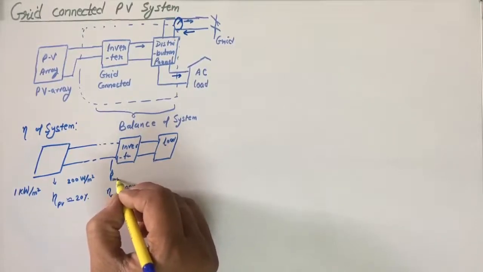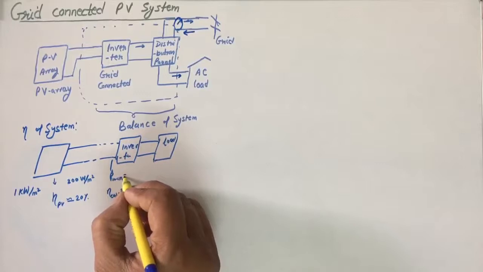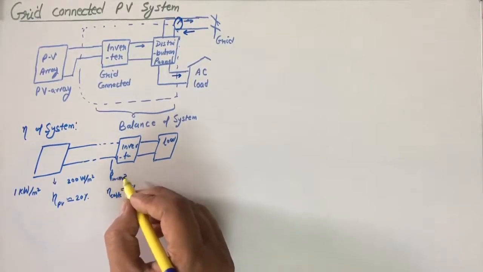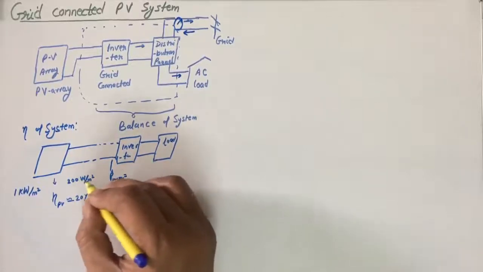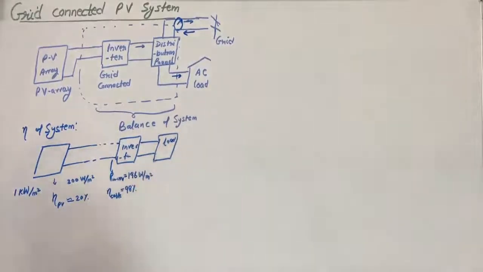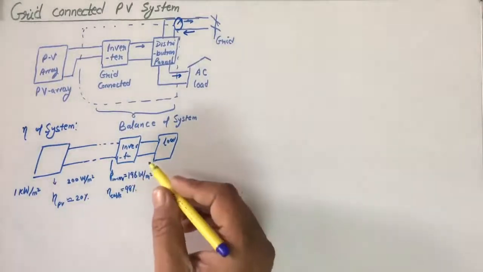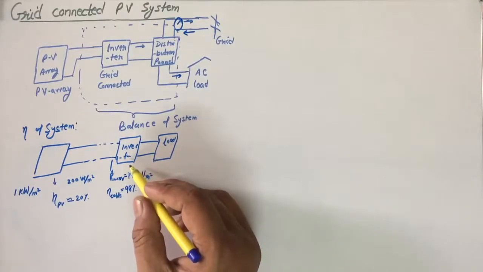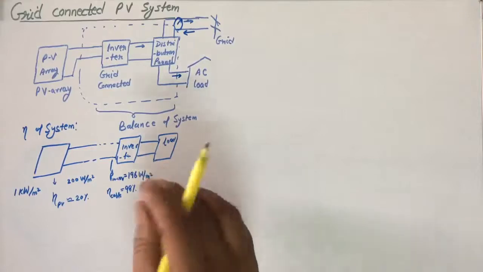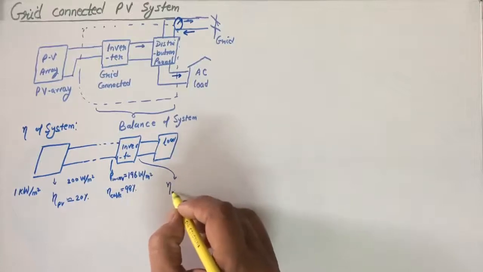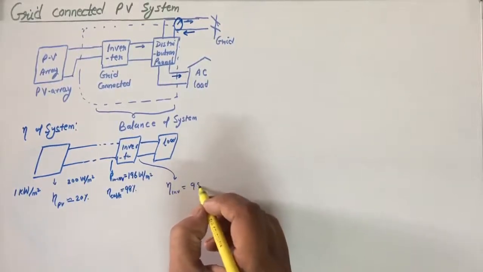P in of the inverter. How much will it be? P in of the inverter will be 196 watt per square meter, and the inverter itself has low efficiency, 100% is not possible, so we can consider it has an efficiency of around 90 to 95%. Consider one value, the efficiency of the inverter is 95%.